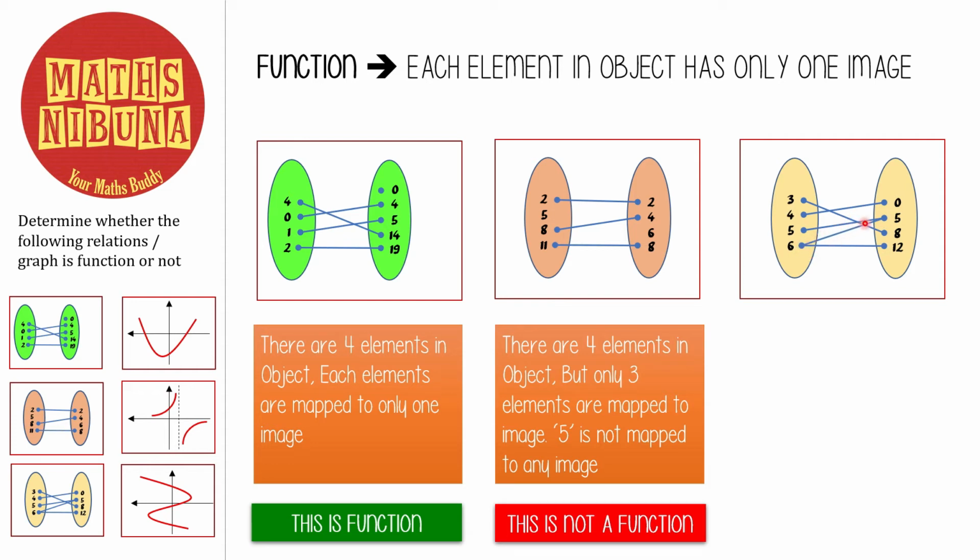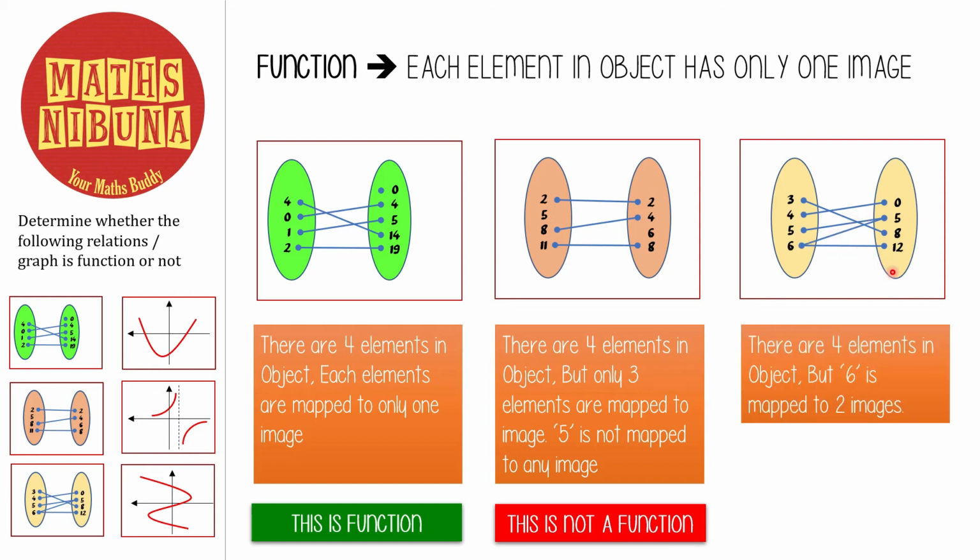One is going to 5, another one is going to 12. So when one element in the object is mapped to more than one image, it is declared as not a function. There are 4 elements in the object, but 6 is mapped to 2 images. So this is also not a function.